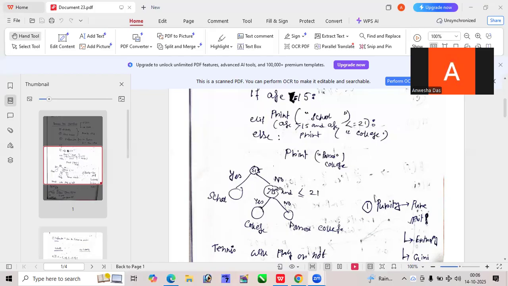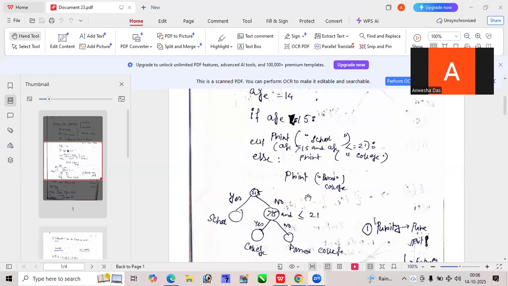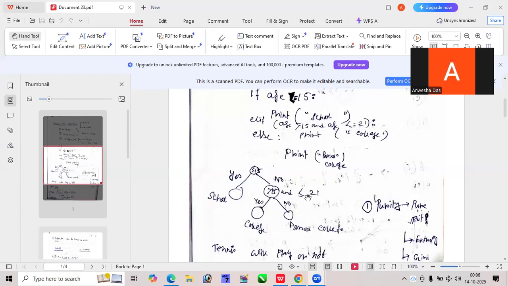If age is greater than 15 and less than 21, there are two types of condition. Either they will go to college, otherwise they will complete the college. So this is exactly the conditional statement. Based on the conditional statement, we have created the decision tree. Based on the conditional statement, we have made one decision.